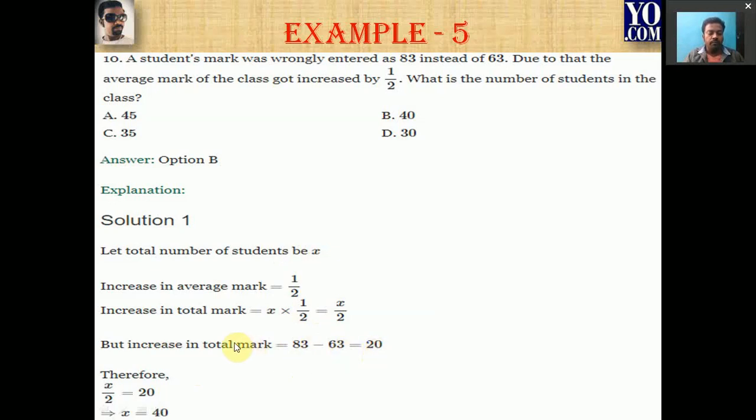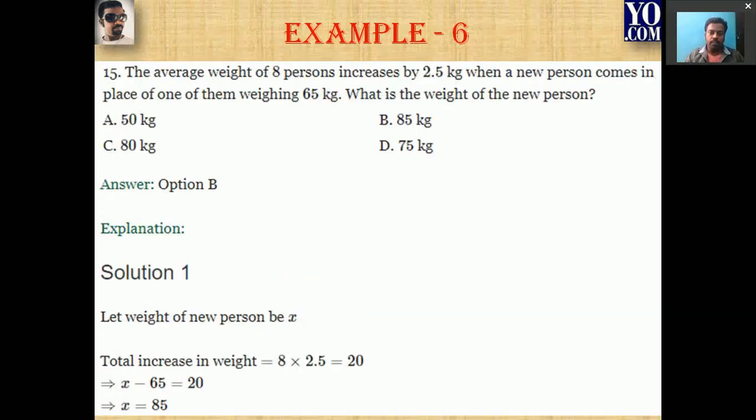Then x by 2 equal to 20, so x equal to 40. So the total number of students present in the class is 40. This type of question is very important for answering in time in examinations.